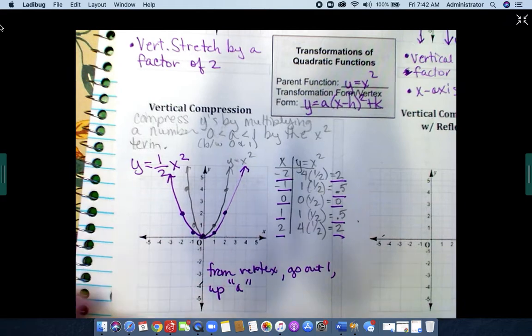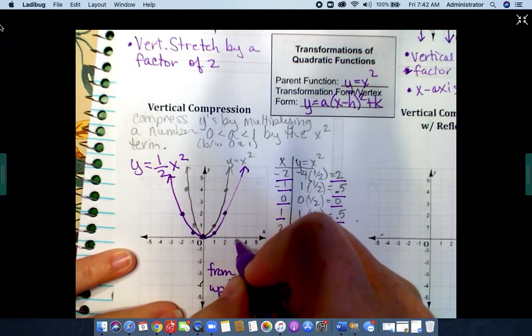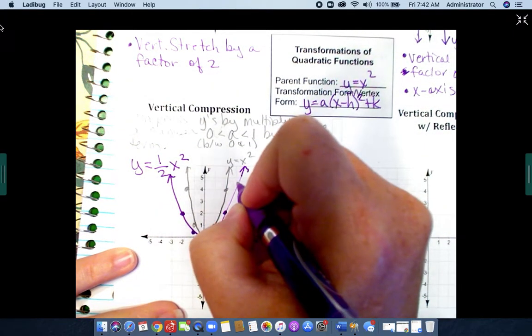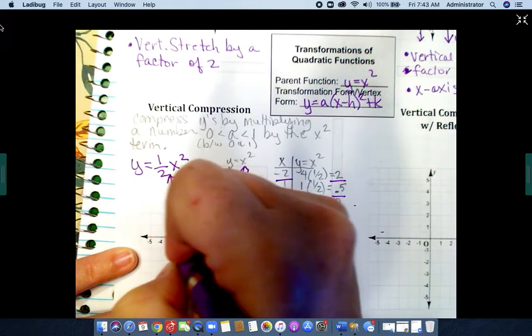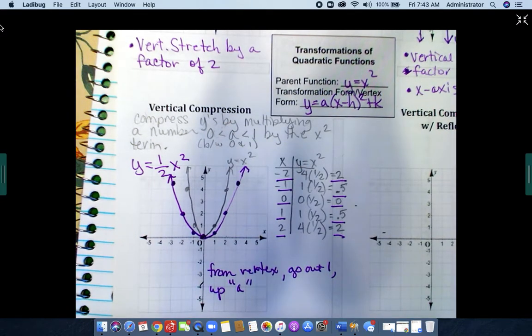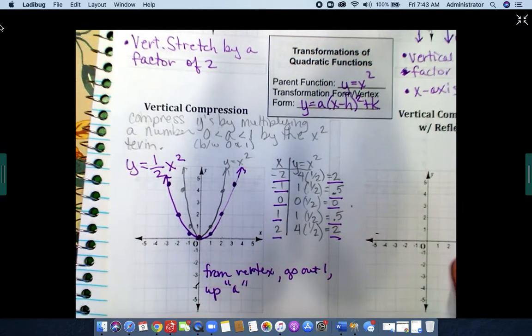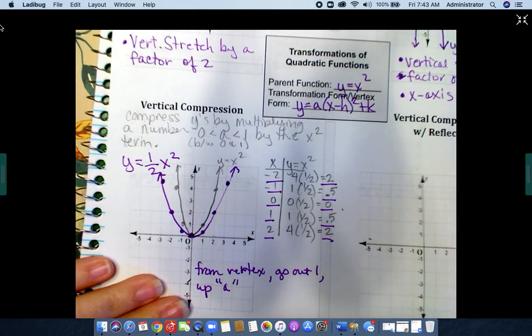In fact, we could go out 3. What's 3 squared? 9. But what's half of 9? 4.5. So out 3, up 4.5. So we could do that forever, right? But we don't need that many points to graph it. So that's how a vertical compression works.